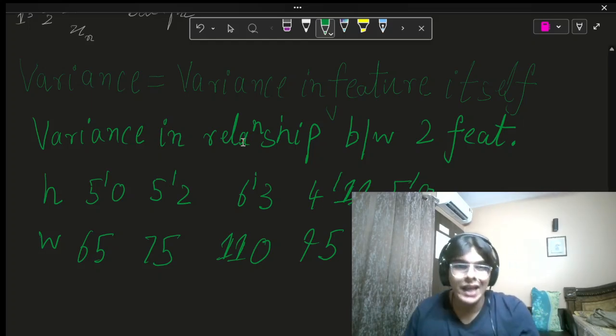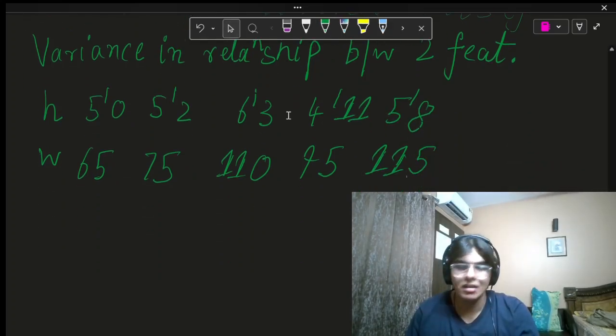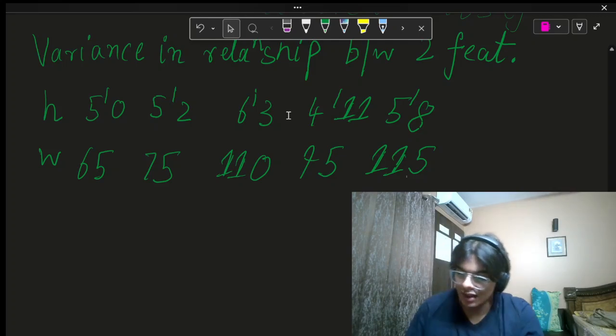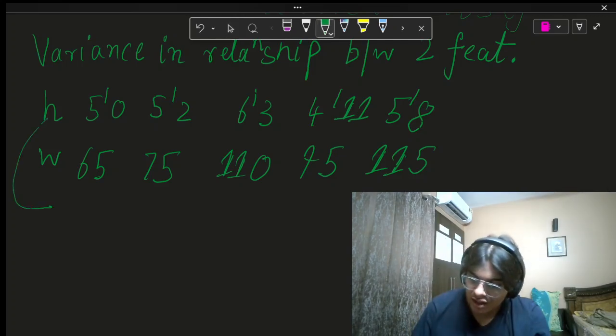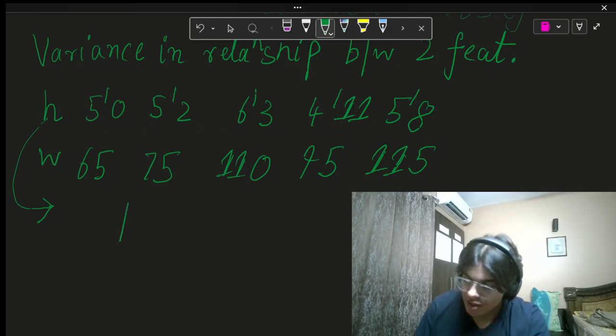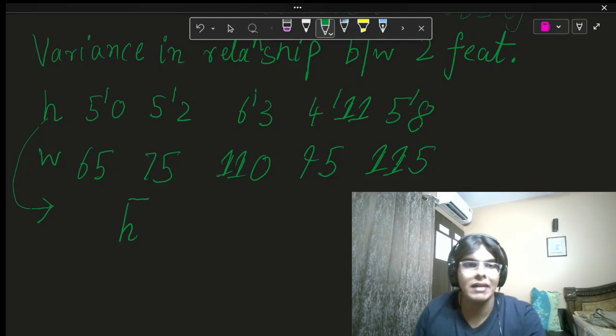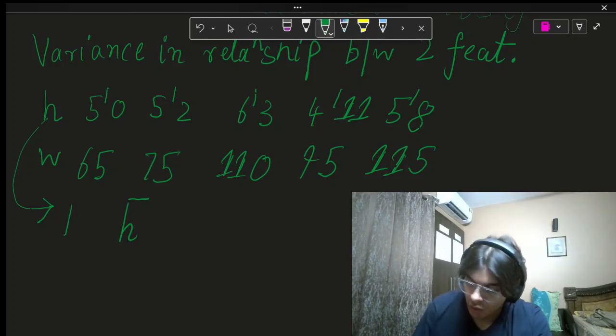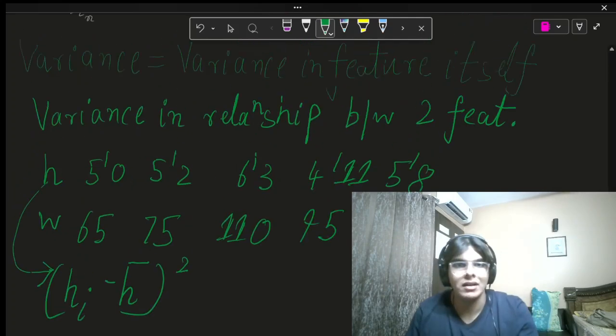Now, what can be the type of variances that exist? One of the variances that we can say is existing in this height feature. I can say what is the mean or the average of all these heights. It can be something like h bar, whatever that value is. Then if I want to calculate the variance in height, I will have to do hi minus h bar, and then apply the entire variance formula that we discussed right here.